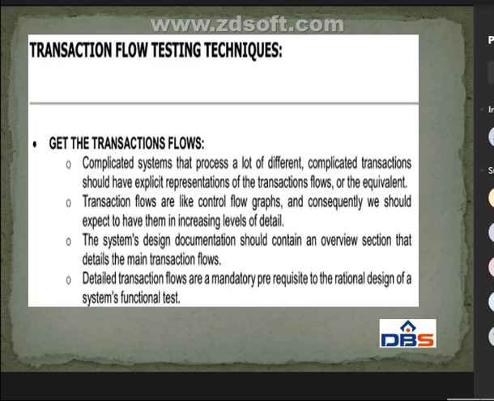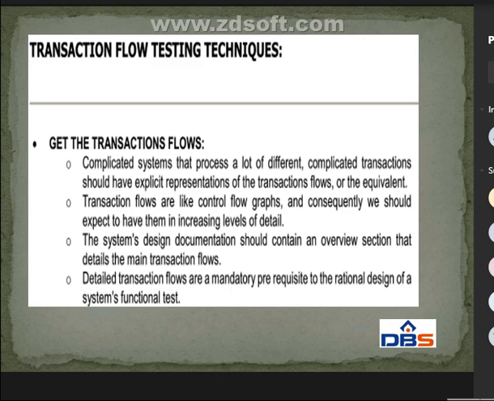We cannot say that it is a very easy program for us. It is not an easy task. First of all, you have to divide it into small units, and for each small unit you have to perform unit testing.